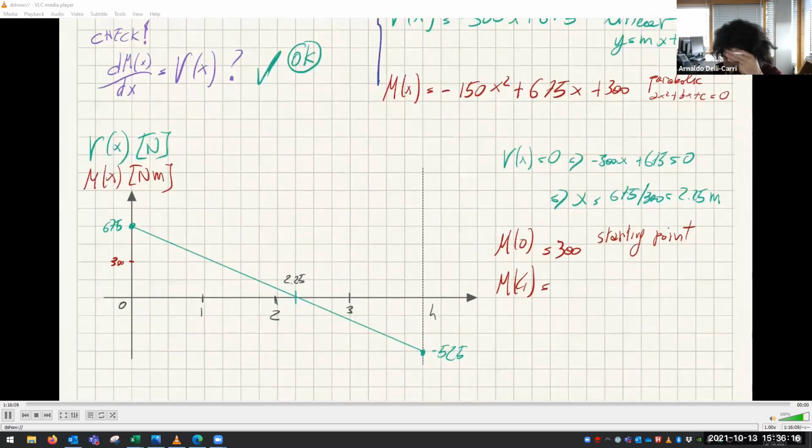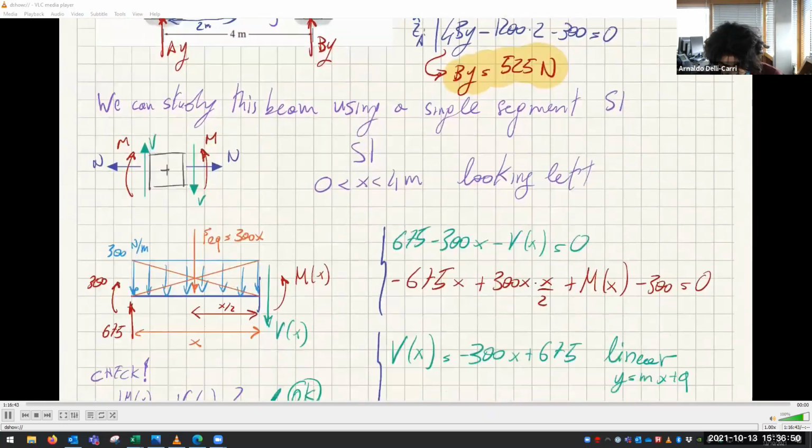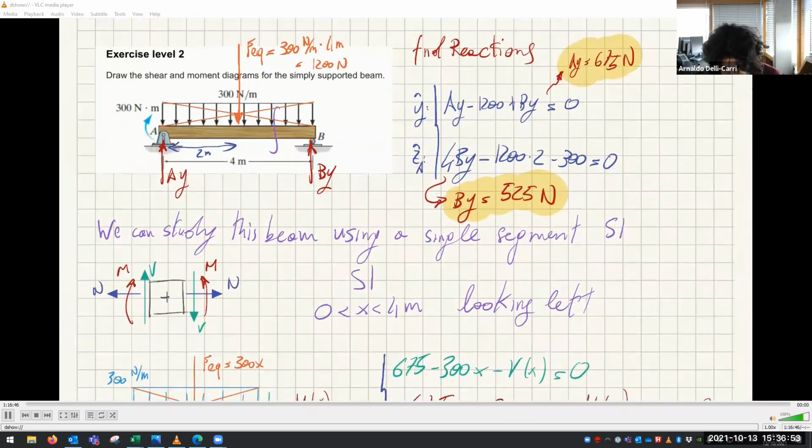And m of 4 is 675 times 4, which is 2700, plus 300 is 3000, minus 150 times 16, it's 600. So I end up at 600. Is it 4? Yes, 4. Do I end up at 600?